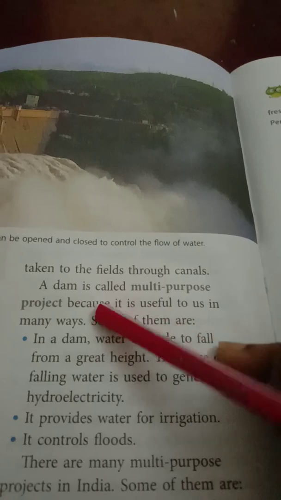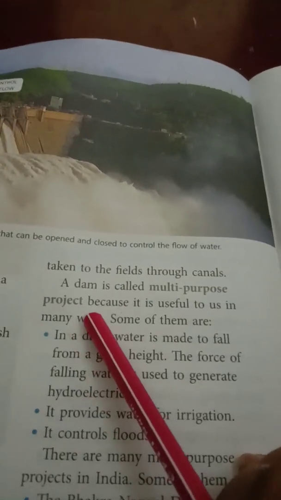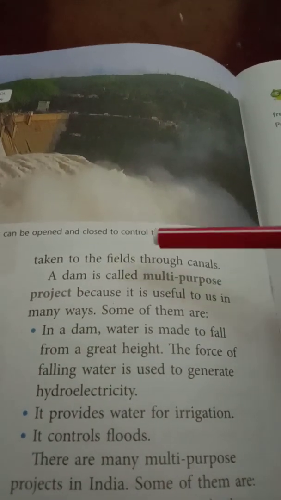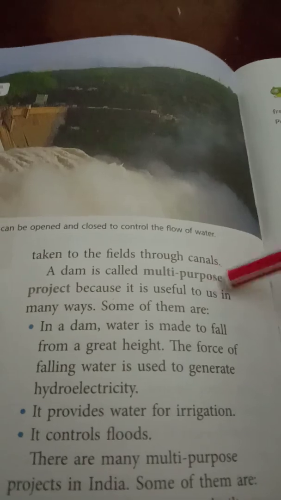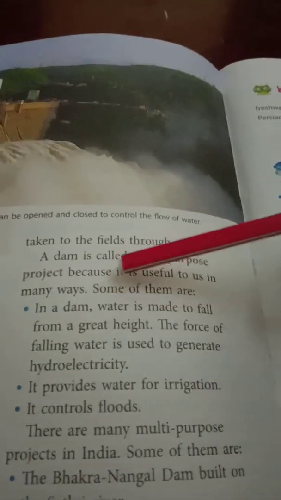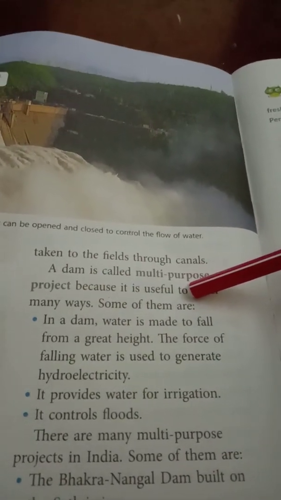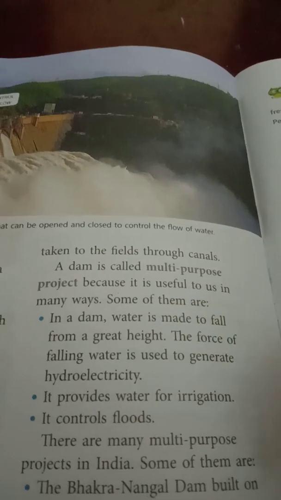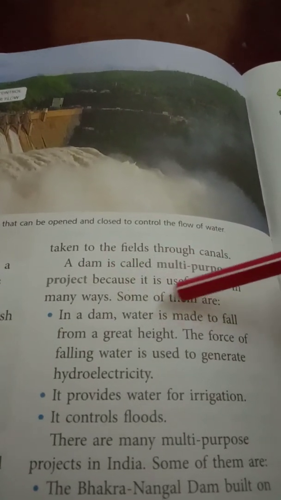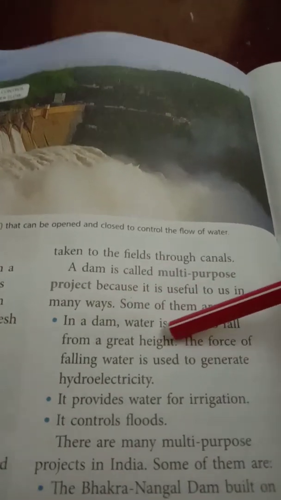A dam is called a multi-purpose project because it is useful to us in many ways. Some of them are: in a dam, water is made to fall from a great height.